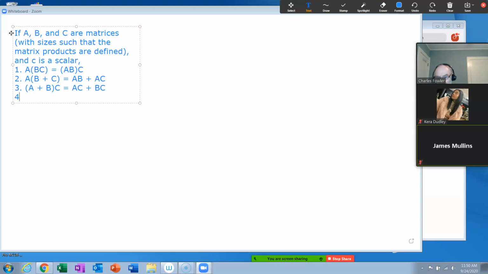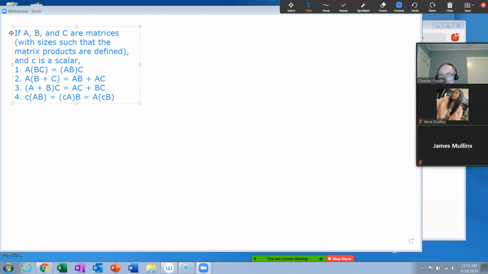Yuck, off again. Okay. The scalar C, times the product of AB, is the same as, equal to, the product of CA times B, which is also equal to the product of A times CB.